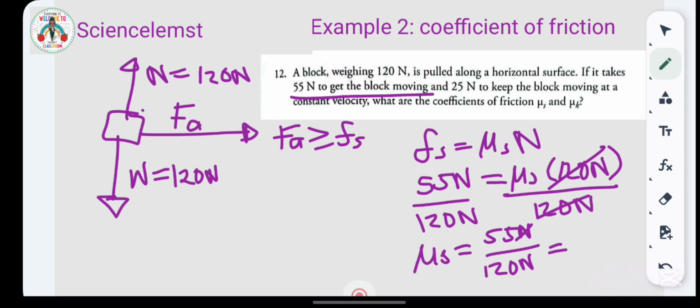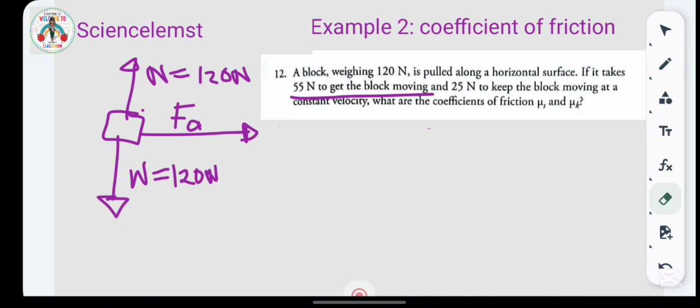So Newton cancels out Newton. Then the final answer is going to be 0.46. So μs does not have a unit because the coefficient of friction is the ratio between the frictional force and the normal force. Let's look at the second part.